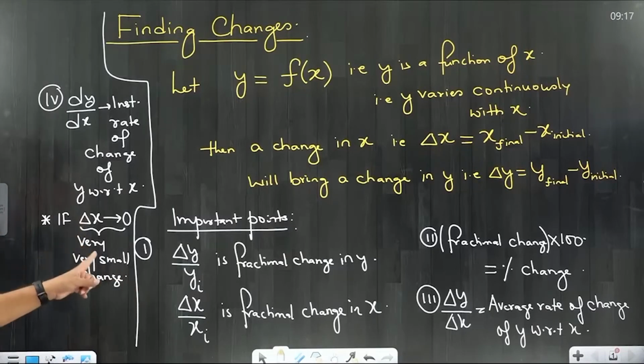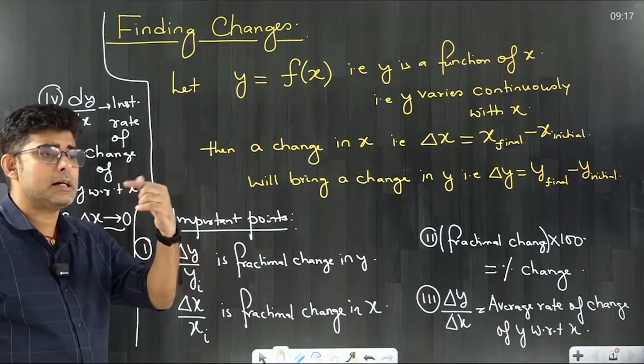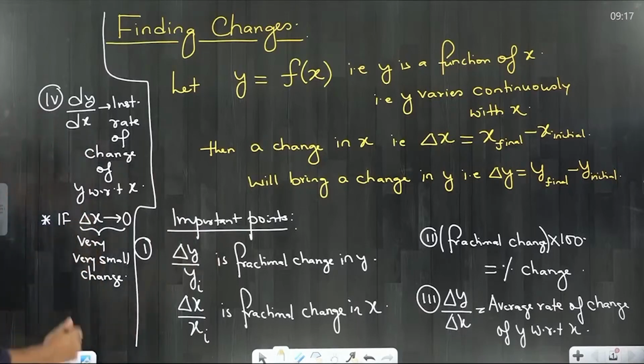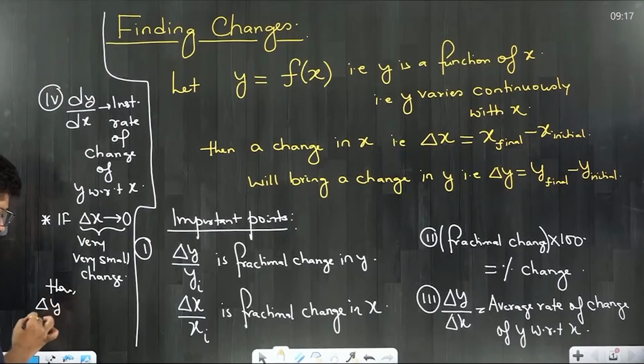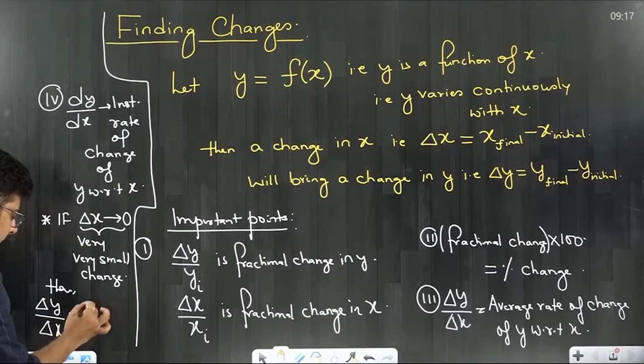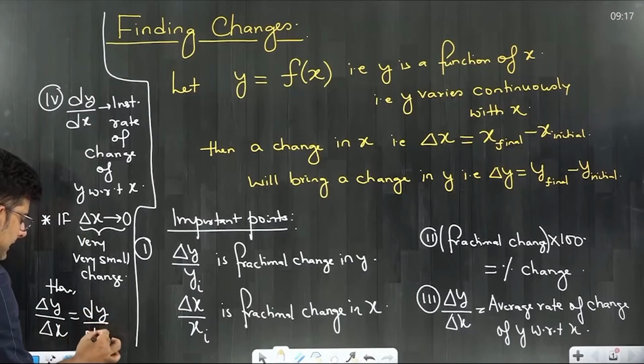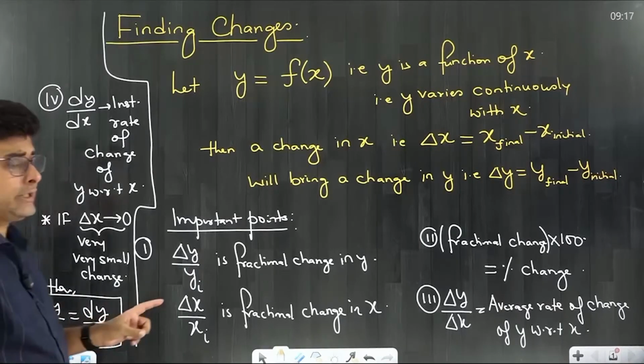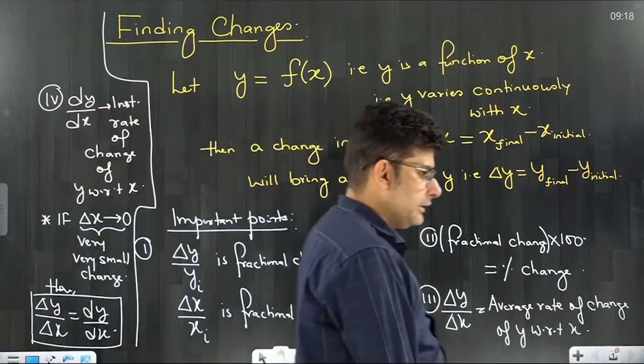If the change in x is very small, the corresponding change in y will also be very small. So in that case, delta y by delta x is written as dy by dx. This is the relation between average rate of change and instantaneous rate of change.